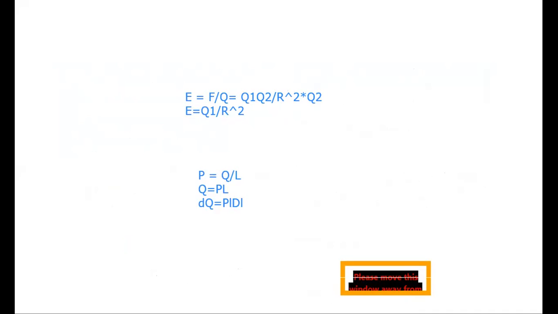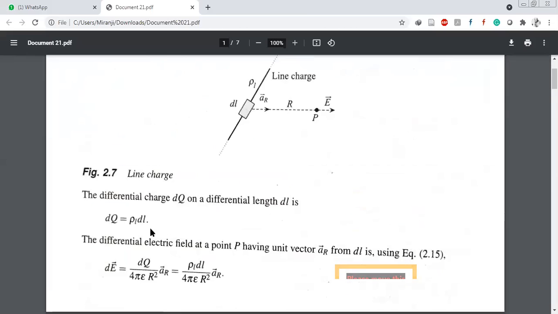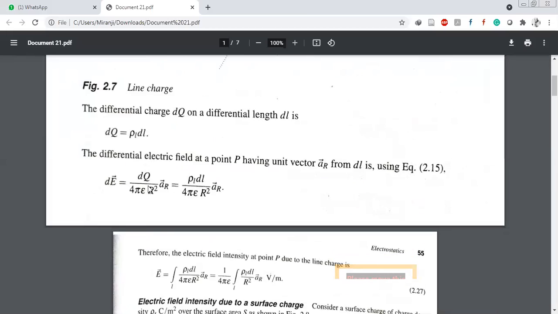So including that point, see here, dE equal to q by r square into 1 by 4 pi epsilon. So dE equal to dq by 4 pi epsilon r square, along the direction of r. But what is meant by dq here? dq is nothing but rho l dl.